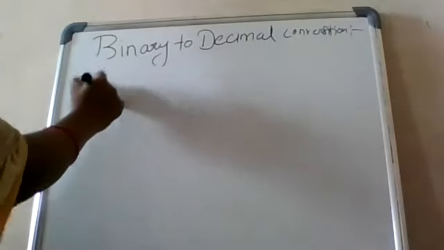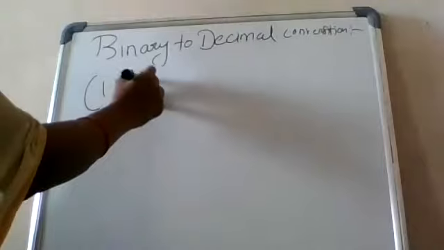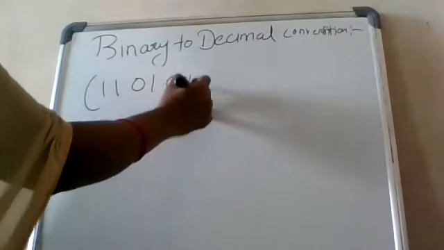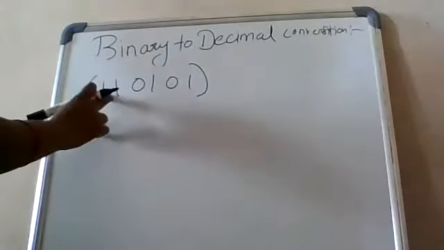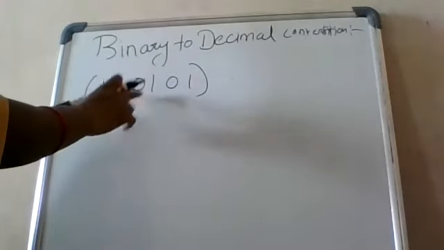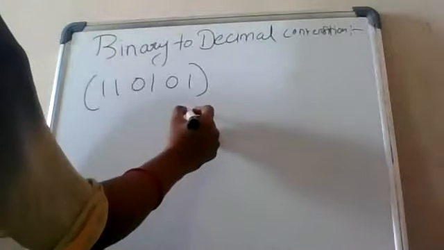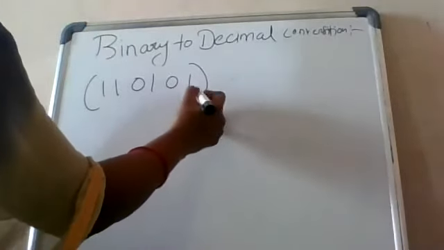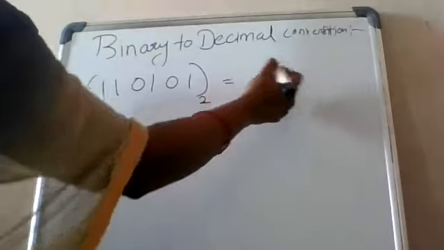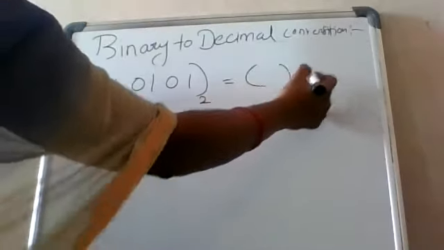Another example. 1 1 0 1 0 1. What is the number? This is binary. Binary means base 2, converted to base 10 decimal value.